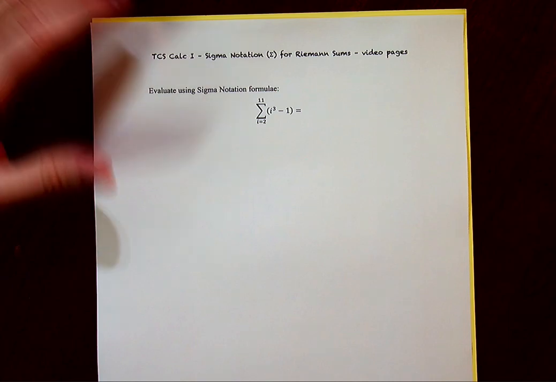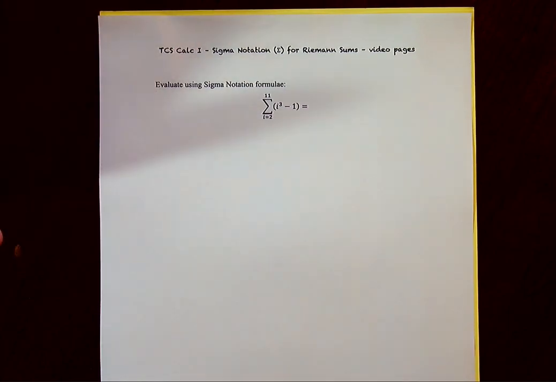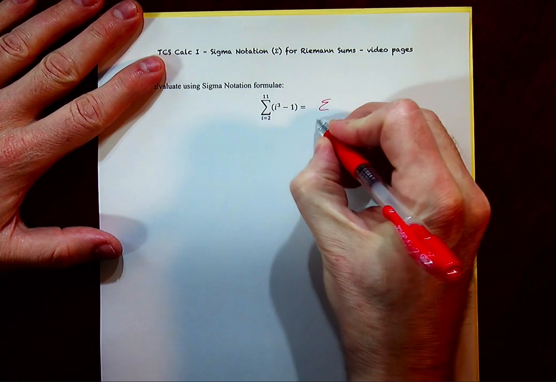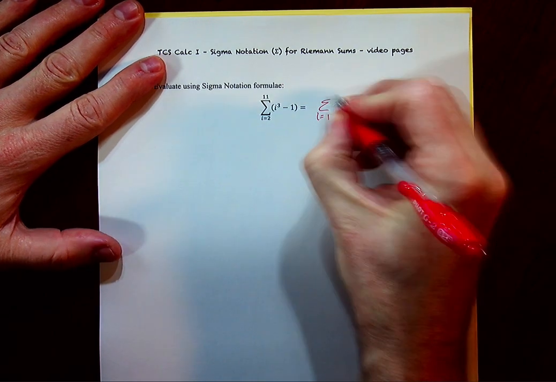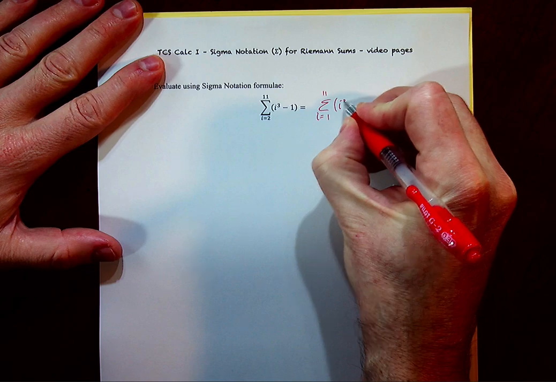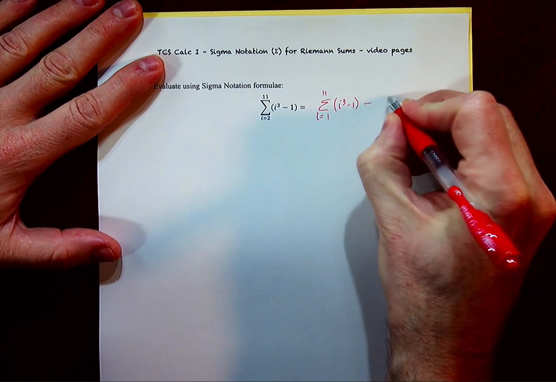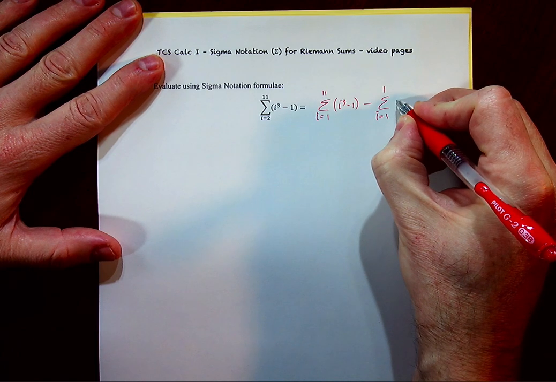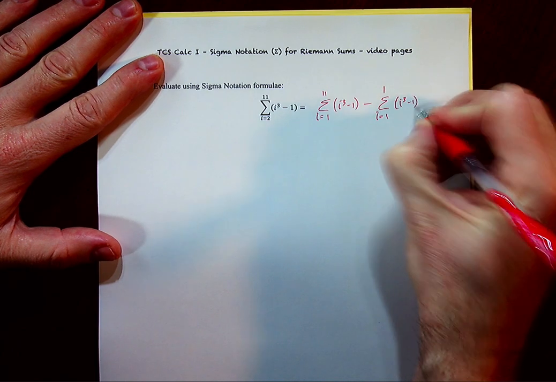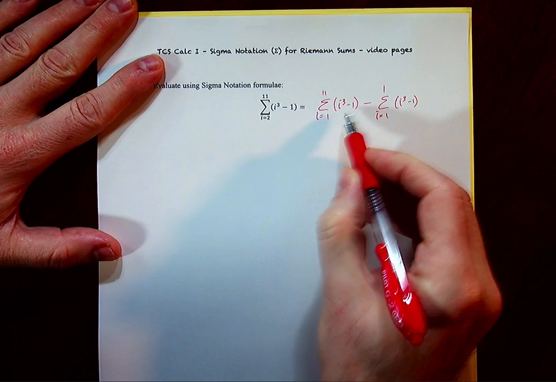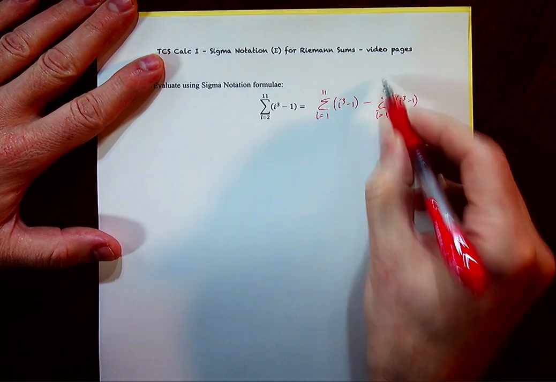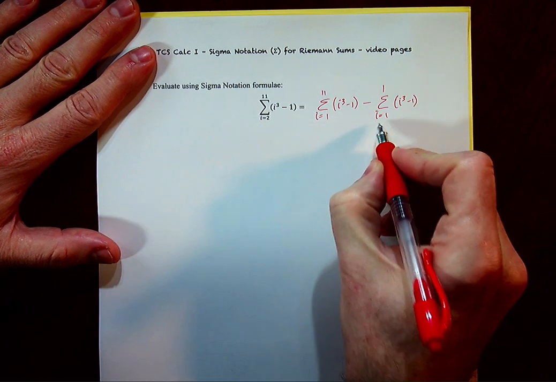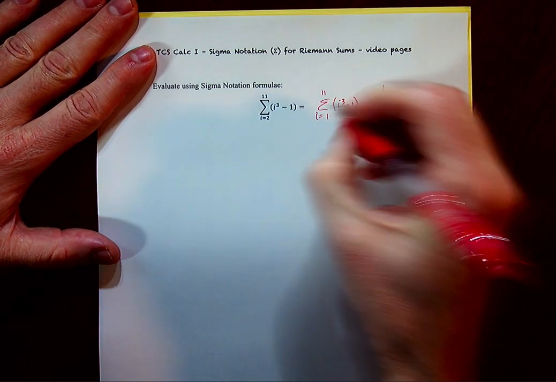Now, you could actually do this as the sum from i equals 1 to 11 of i cubed minus 1 minus the sum from i equals 1 to 1 of i cubed minus 1. And so you do it by a subtraction. Now, of course, from 1 to 1, that makes no sense. But if it started at 5, you would go 1 to 4 in order to evaluate it.